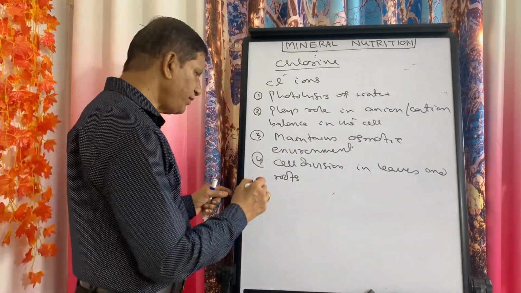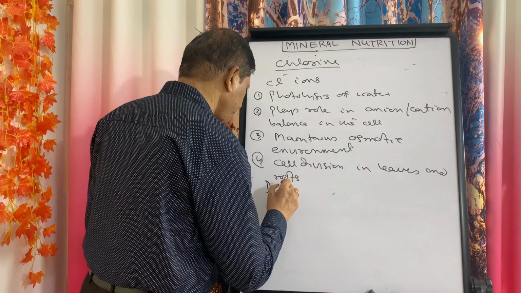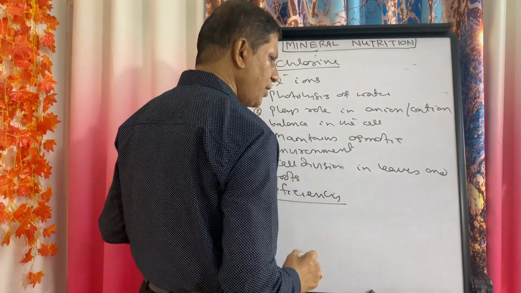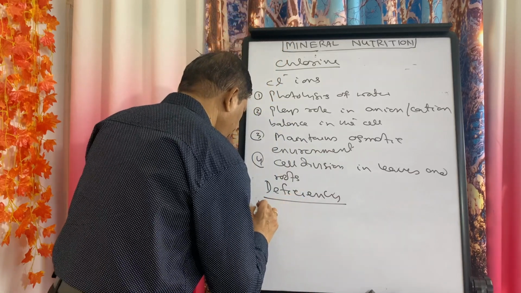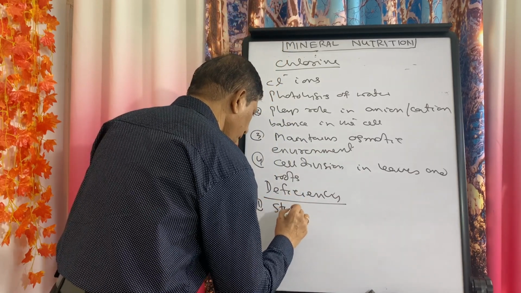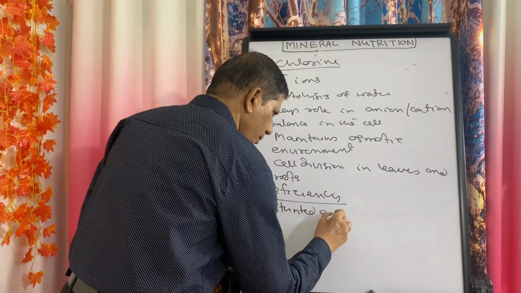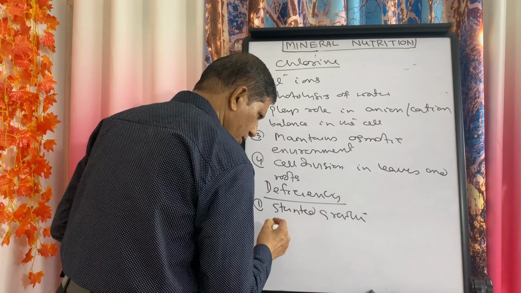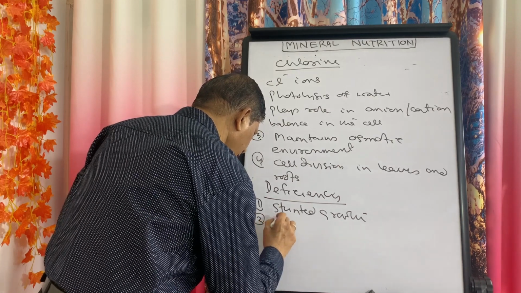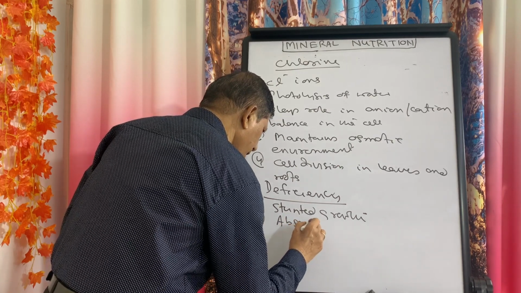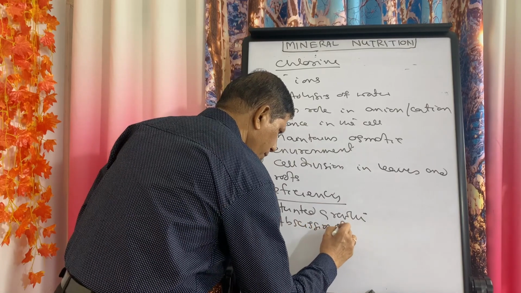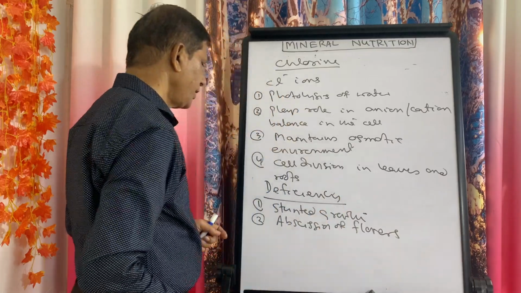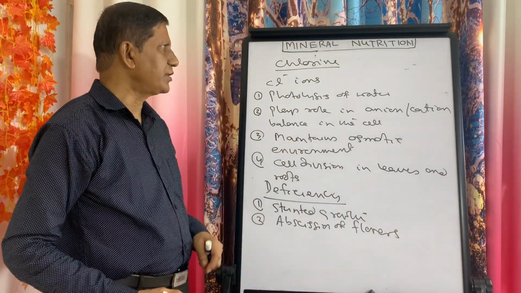And in case of deficiency symptoms, one of the deficiency symptoms will be stunted growth, and the other is that there will be abscission of flowers. So these are the two deficiency symptoms.